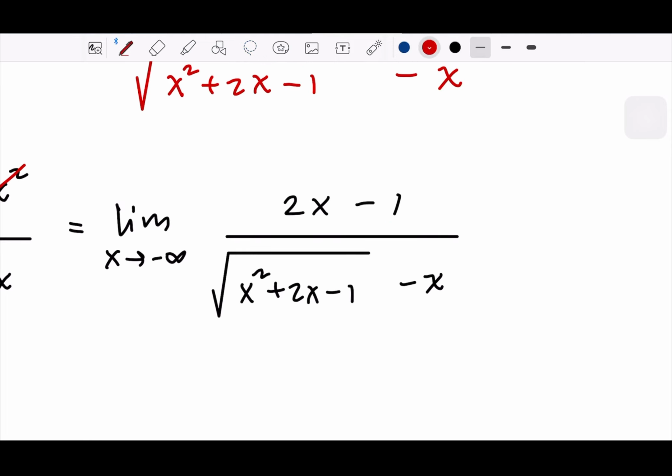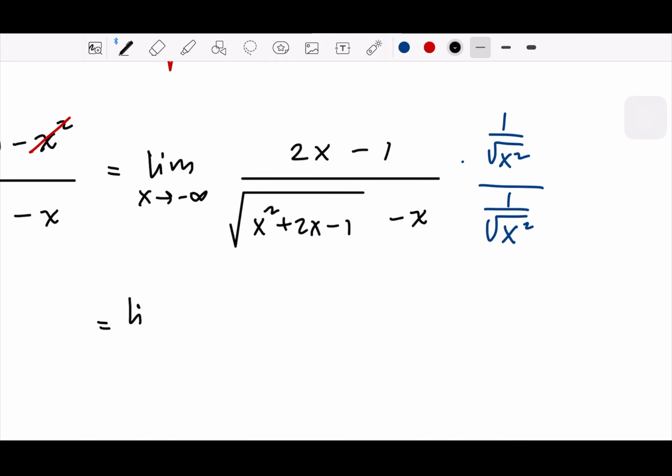Because we have these limits at infinity, we are going to look at the form and look at the degree. So we have degree 1 here, and below we have also degree 1, which is symbolized by this and this, right? So let's try to divide everything by 1 over the square root of x squared, okay?